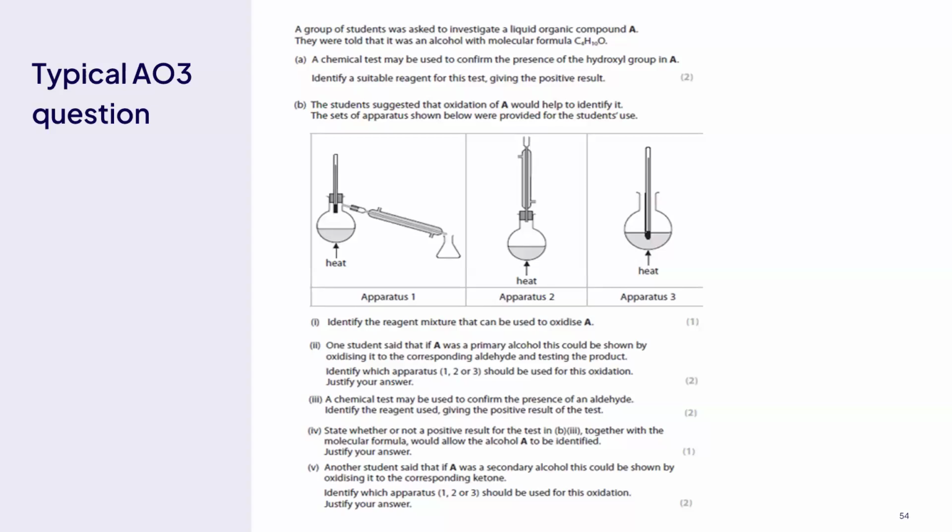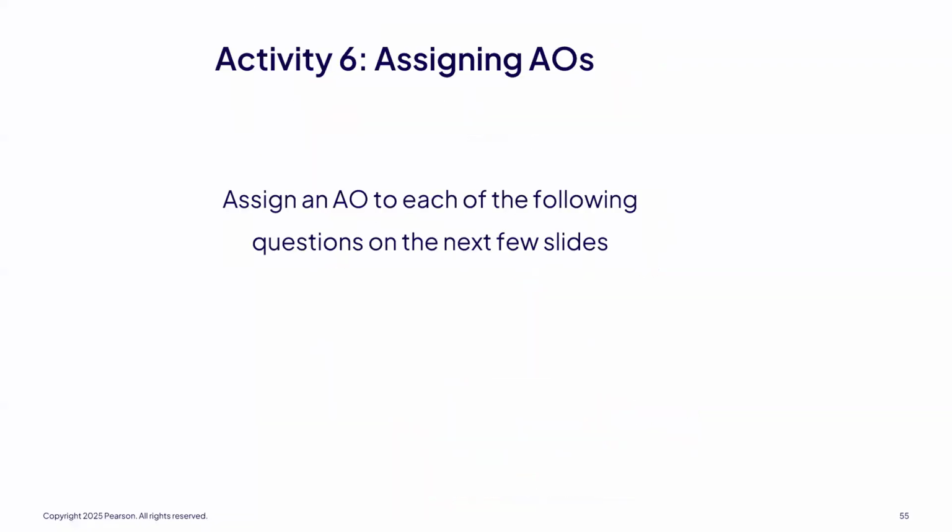They set up that apparatus, identify the reagent mixture, etc. That's a question that was taken, I think, from a Unit 3 paper. Have a read of it yourself at a later stage. You've got a PDF version of the PowerPoint presentation, but I think you can see that that is a typical question that will appear in Unit 3 or Unit 6 type question papers.